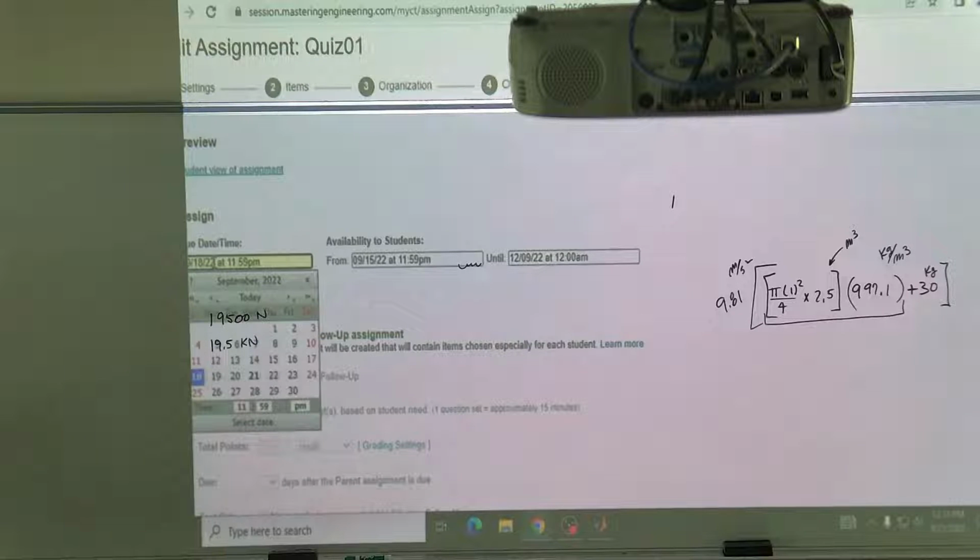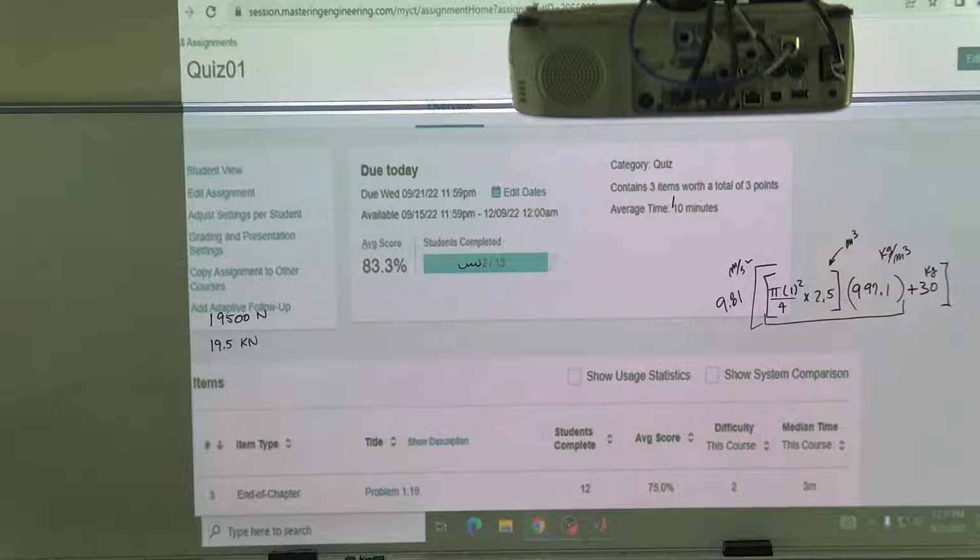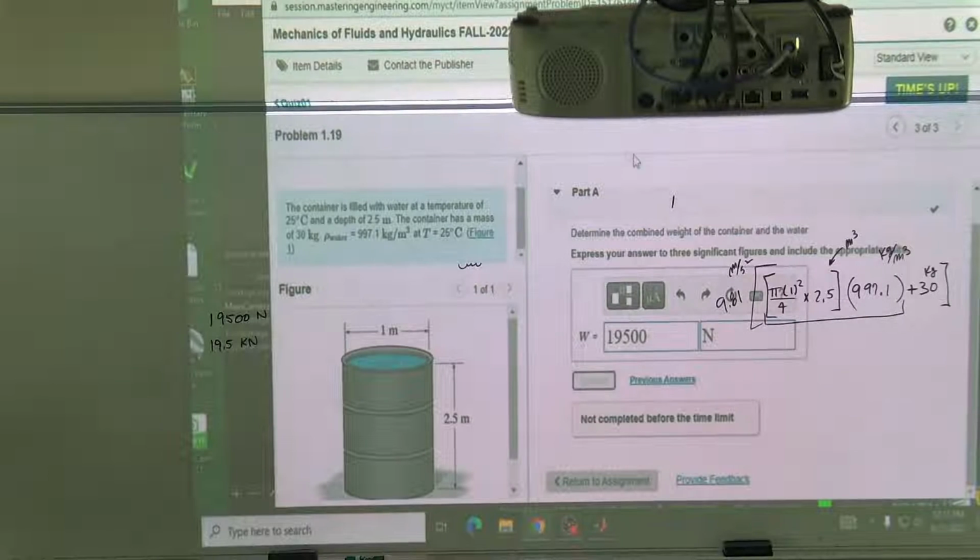The due date was today, the 21st, at midnight. We're just going to change it. It probably will make me refresh it. How do I refresh it? F5 maybe.